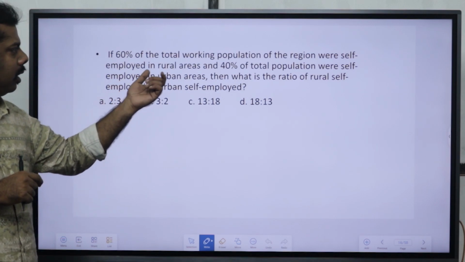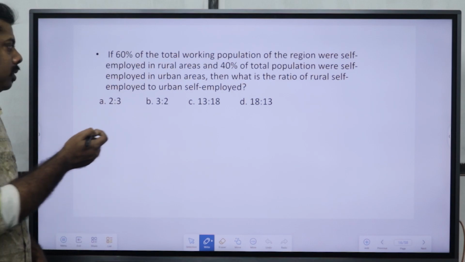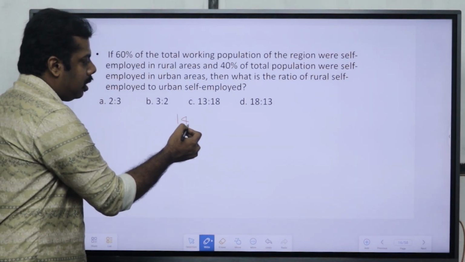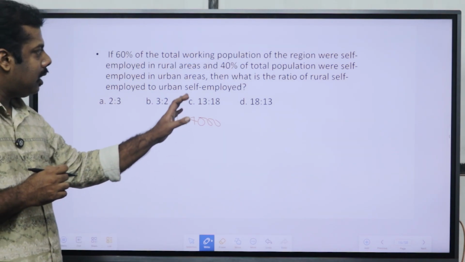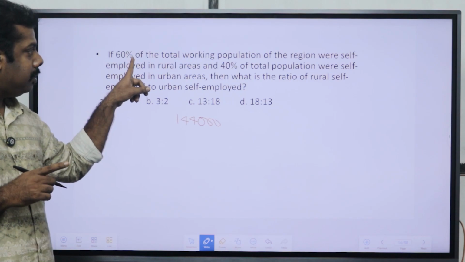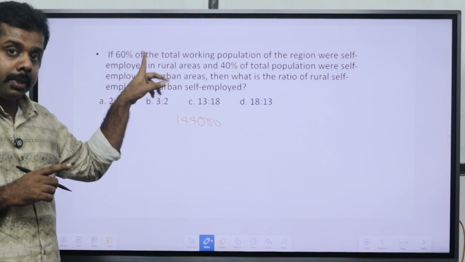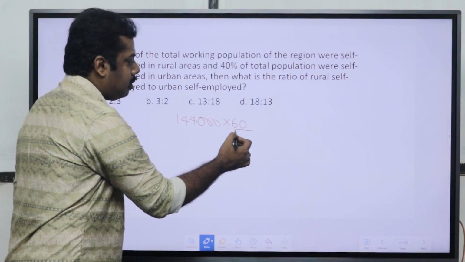So already we know in case of rural areas, what was the total working population? It was 1,44,000. Now they are saying that of that working population, 60 percentage are self-employed. So we will just find 60 percentage of this one.